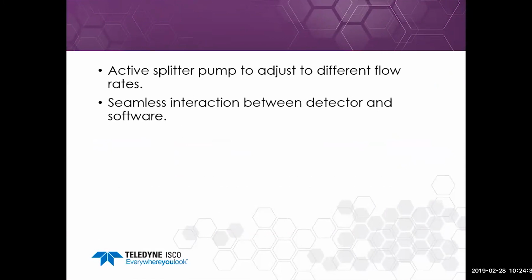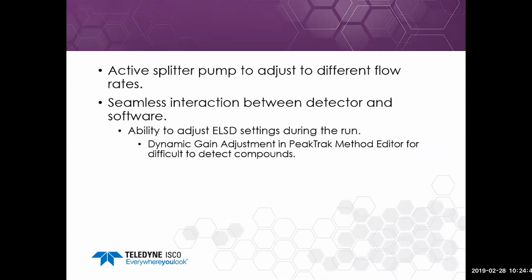This allows for a seamless interaction between the detector and the software. You're able to adjust ELSD settings during the run, and we'll talk about that a little bit later. There's a dynamic gain adjustment in the PeakTrak method editor for difficult to detect compounds, so we can change from a normal ELSD setting to a high sensitivity ELSD setting that increases the gain.